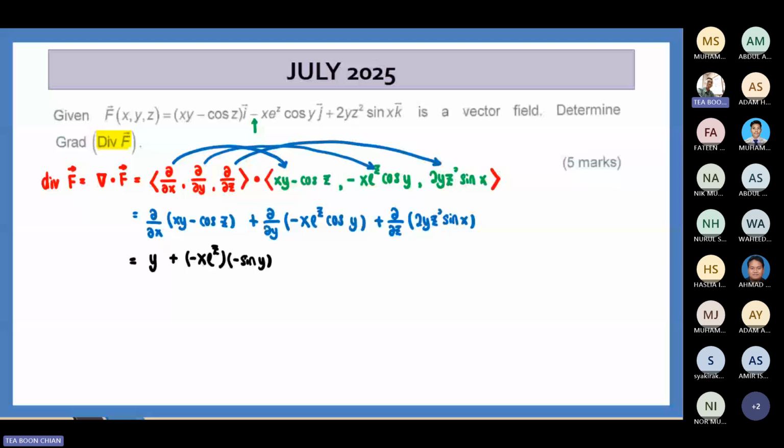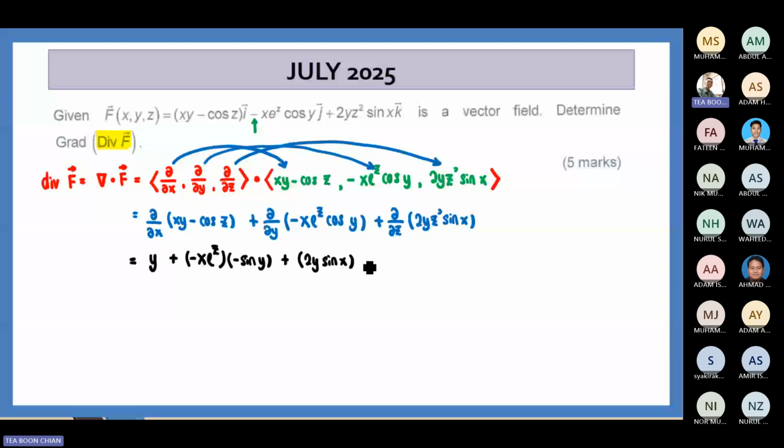Again, in partial differentiation, the terms that are not related, put them aside, and differentiate the related one. So finally, here, differentiate 2y z squared sin x. 2y sin x not related. Let me put aside first. So z squared is differentiated into 2z. So now you can simplify everything.